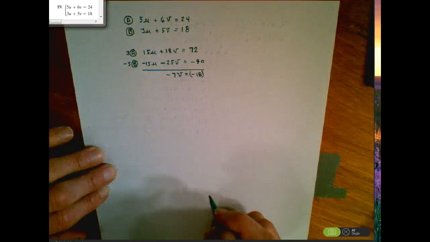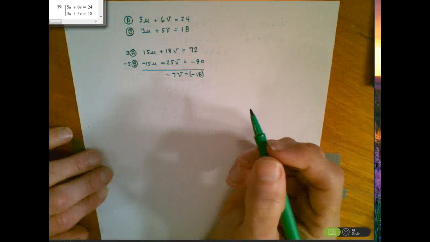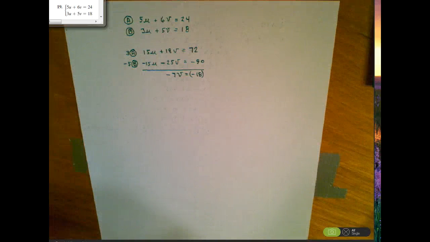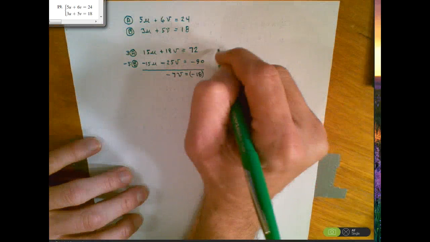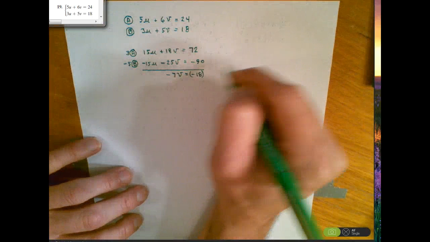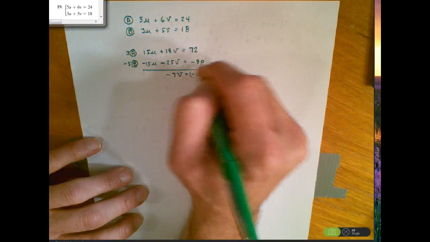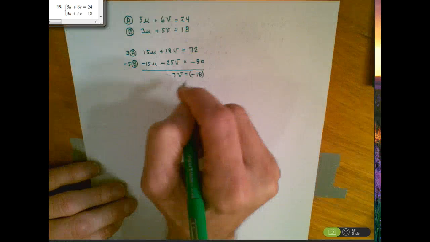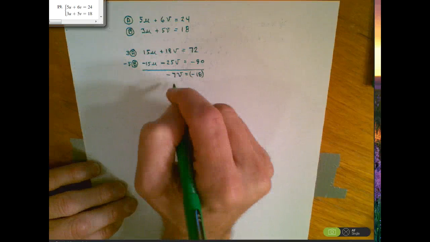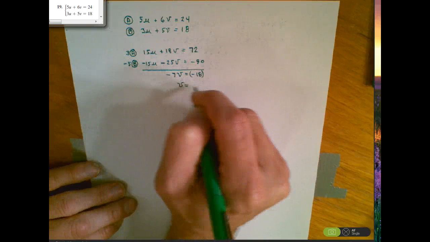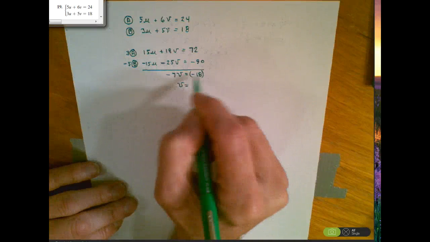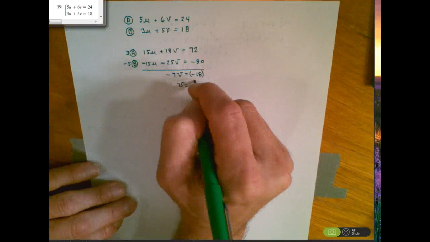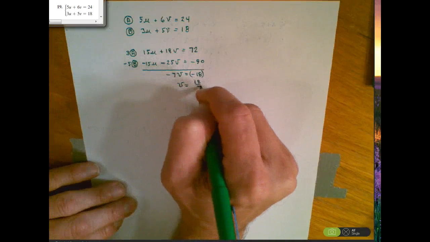I could do the work on the side: 90 minus 72 is 18. I know the answer is going to be negative because 90 is farther away. So I'm left dividing both sides by negative 7, and I can easily get v is equal to negative 18 over negative 7, which is just 18 over 7.